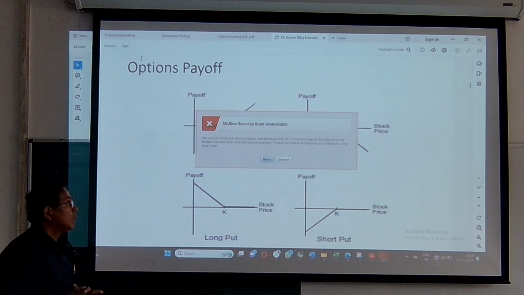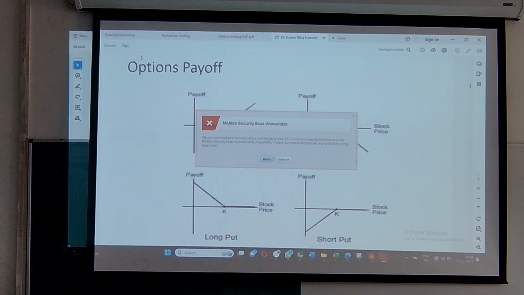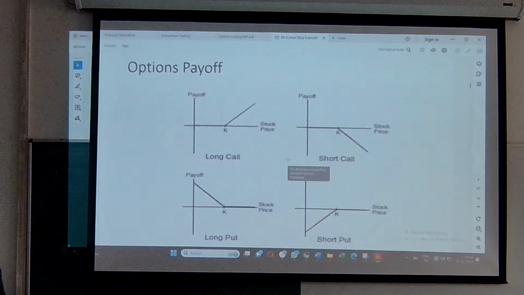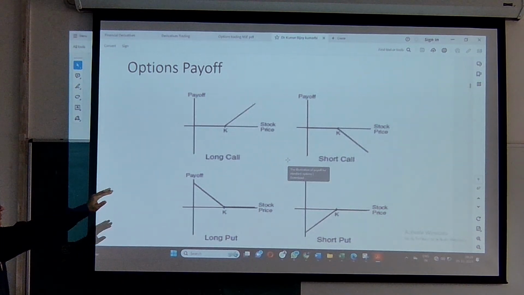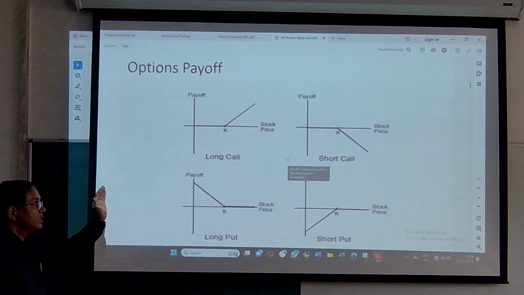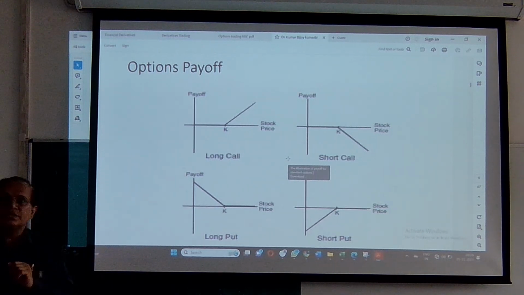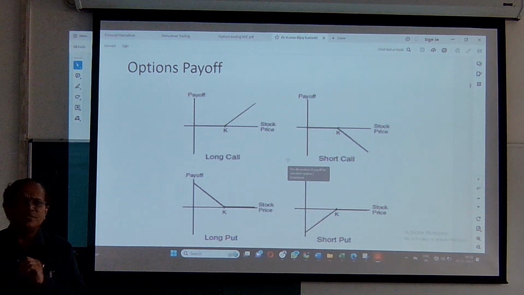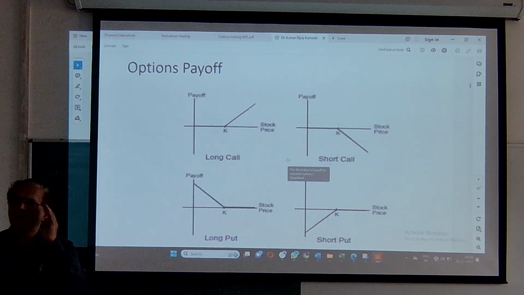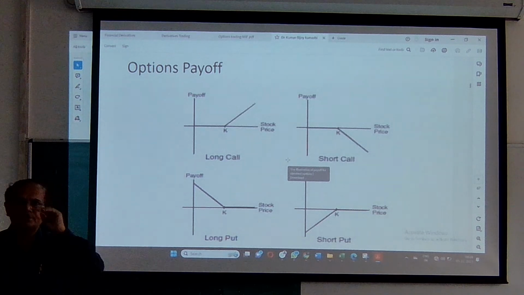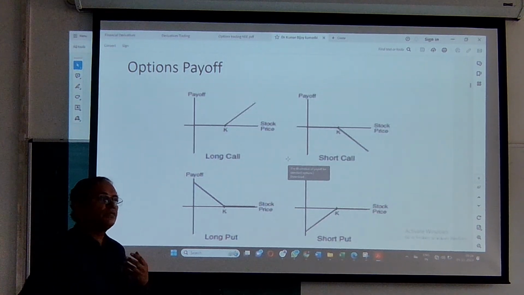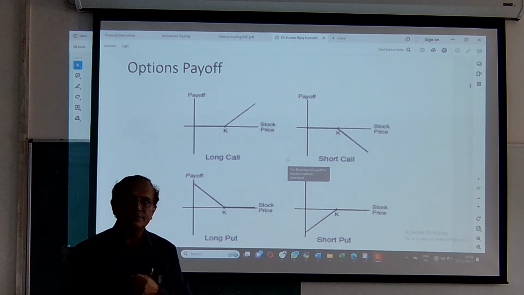Now, when we consider this, you will find that suppose someone has taken a long call position. A party will take a long call position when it is expected that the price of underlying will move up, and the party has a need to purchase that underlying.